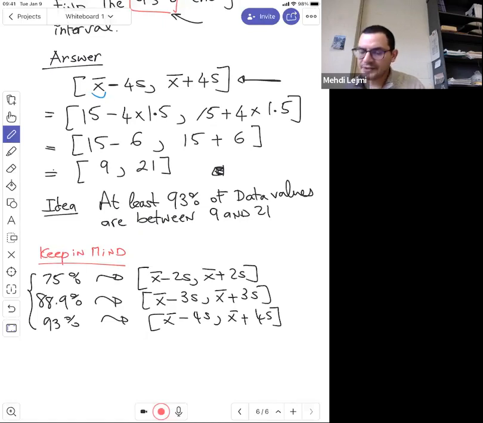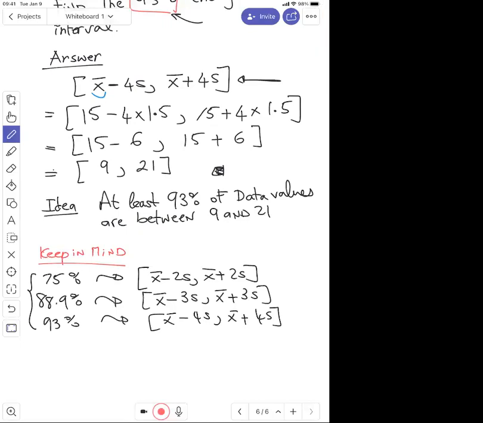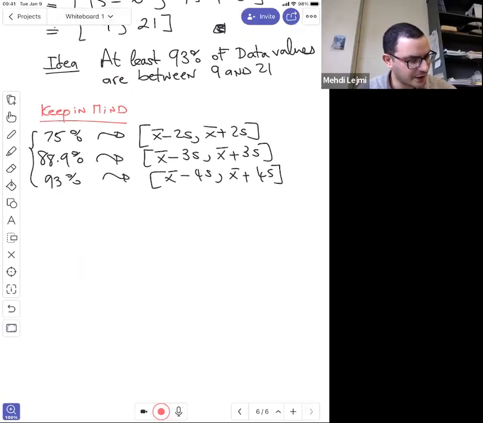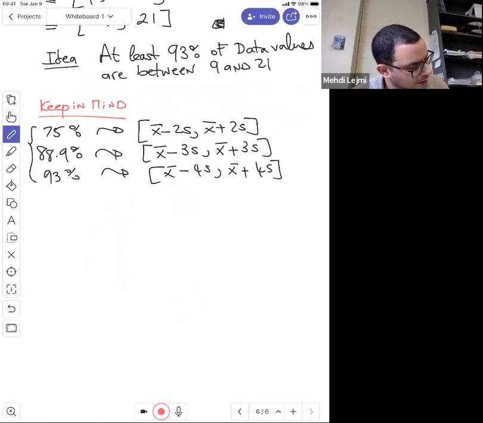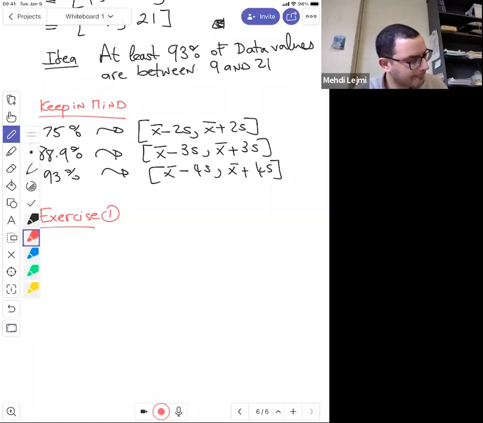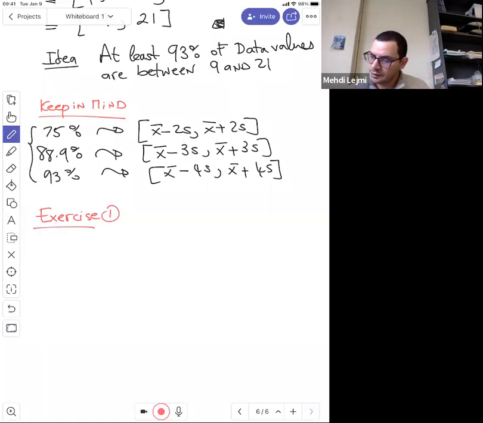So here's an exercise for you. All right, let's do a couple of exercises. Exercise 1, this is from the textbook.